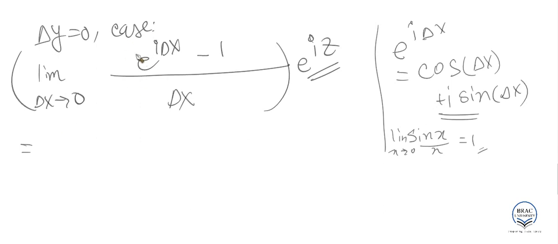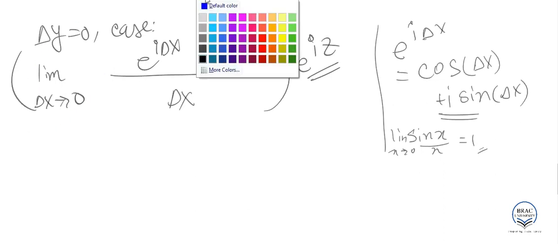And to do that, note that our variable is del x, it's a real variable, and i can be treated as a complex constant. So if I do it using my series representations, and note that now we are not writing this e to the power iz explicitly. So the first thing to do is to evaluate this numerator. So let's try to do it.